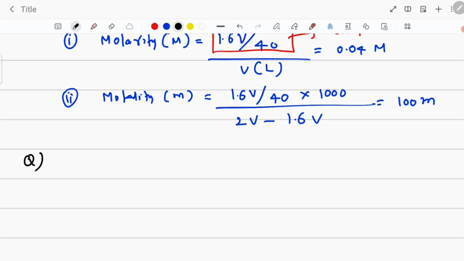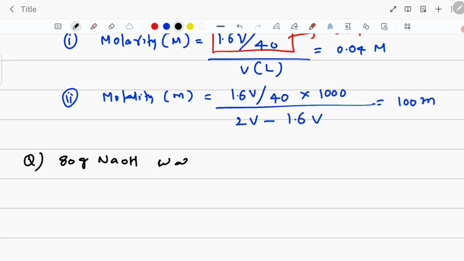Next question. See, molarity and molality are the most important terms. If there is confusion between these two terms, it is difficult to solve upcoming questions, even these questions.